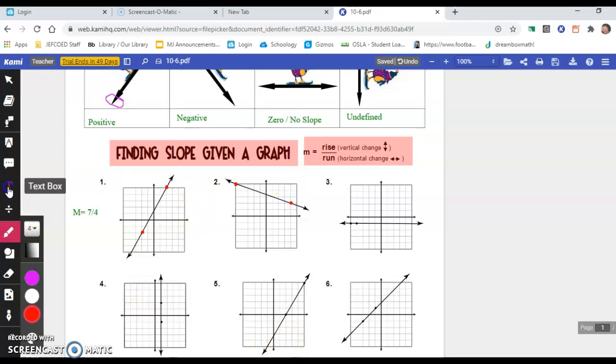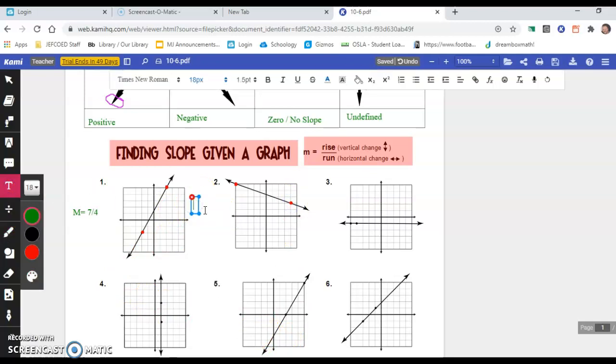Let's look at our vertical change over the horizontal change. Our vertical change would be 1, 2, 3. Remember, we're just getting in line with that next point, so 3. And our horizontal change would be 1, 2, 3, 4, 5, 6, 7, and 8. So 3 over 8 would be my slope.